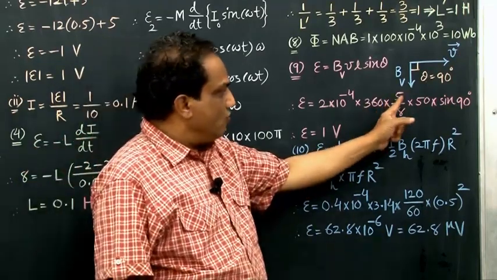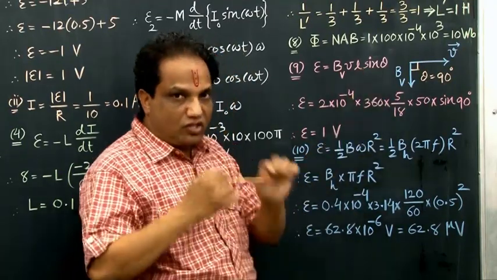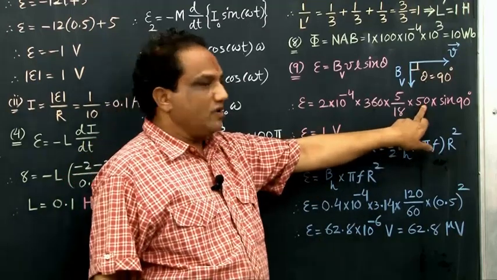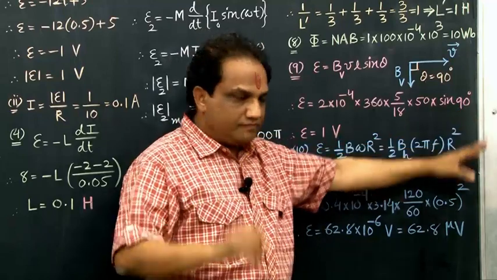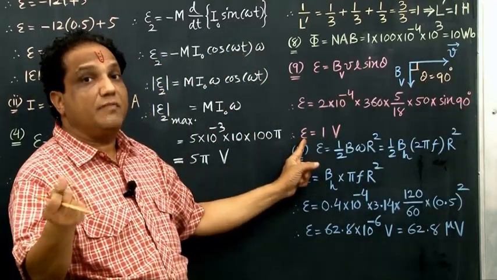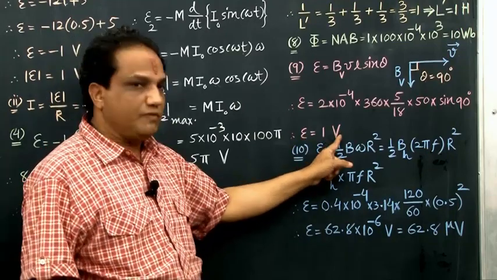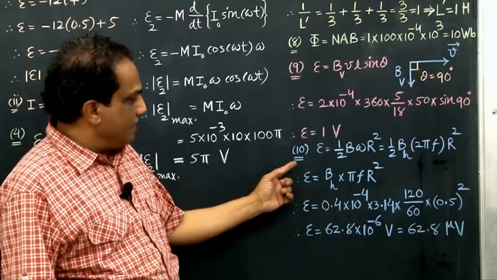What about L? L is the length of the wing, given as 50 meter. Theta is 90 degrees, so sin 90 is 1. Simplify. The answer is 1. Unit of EMF is volt. Symbol is capital V, no full stop. Okay. Come on, read now number 10.